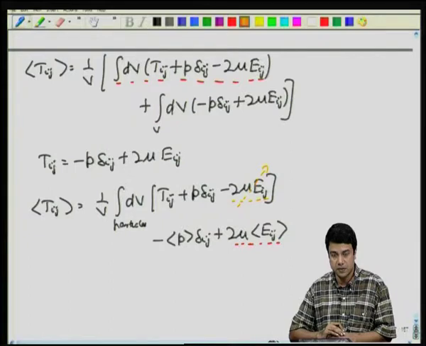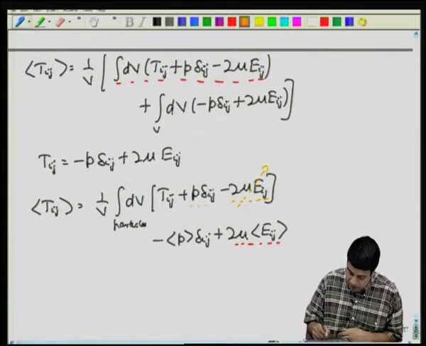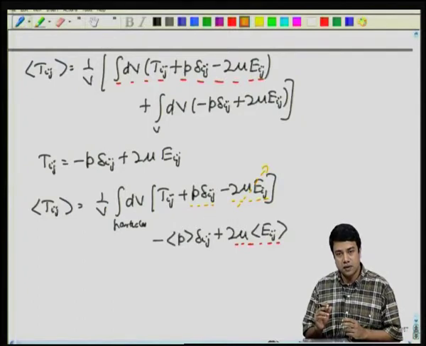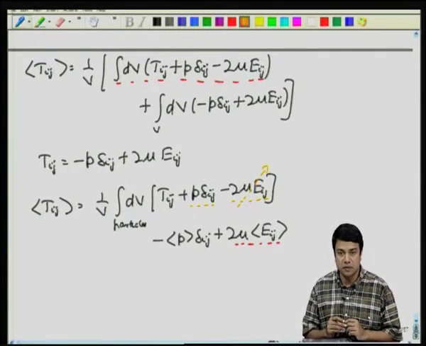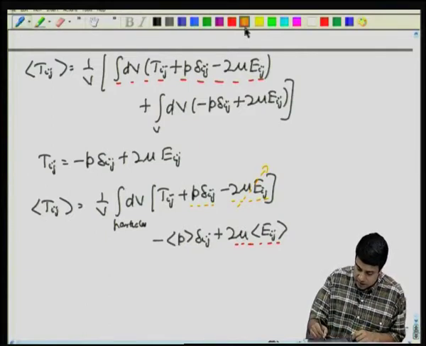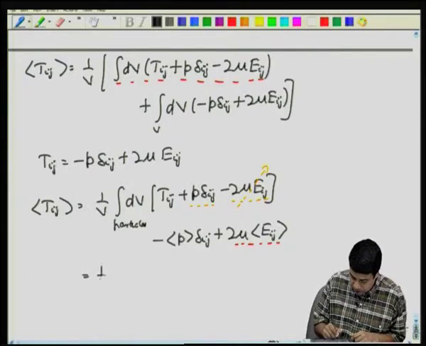Of course, there could be a compression of the particles, but that will not result in a contribution to the symmetric traceless part of this volume average stress tensor. So, there could be some compression or expansion, but on average that will not contribute to the symmetric traceless part of the rate of deformation tensor.